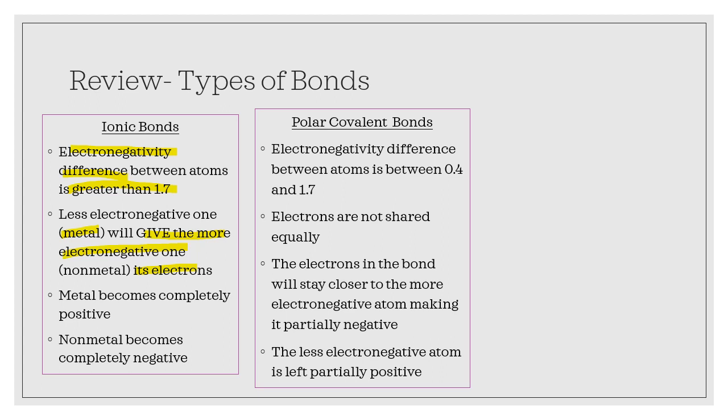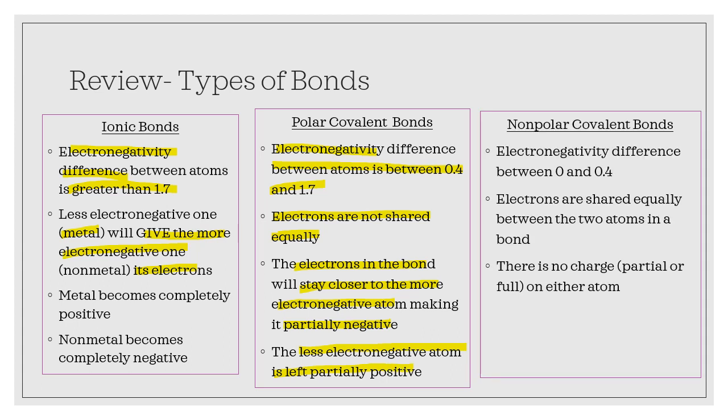While a polar covalent bond is when the electronegativity difference is between 0.4 and 1.7, and electrons are not shared equally. Because they're not shared equally, the electrons in the bond stay closer to the more electronegative atom, making that partially negative, while the less electronegative atom is left partially positive.